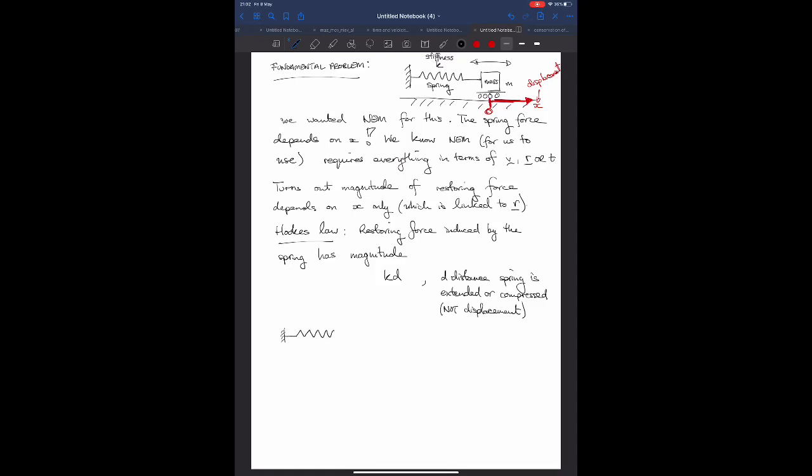When you have an extension of your spring, say this was our O, there's x.